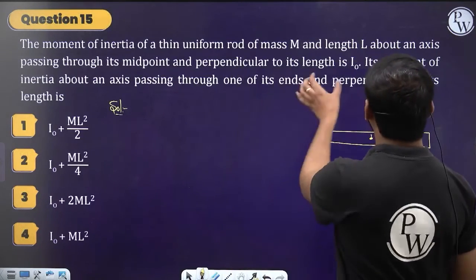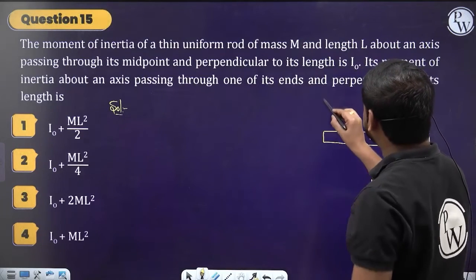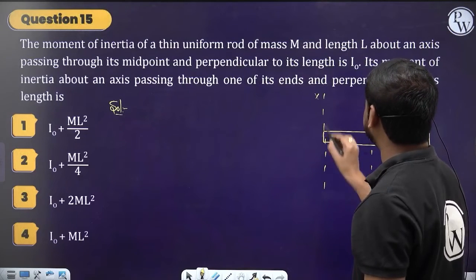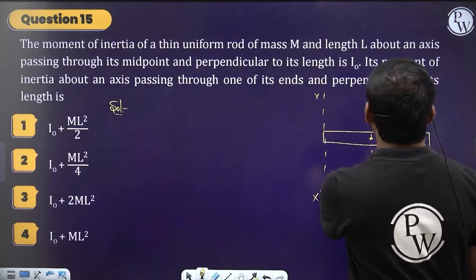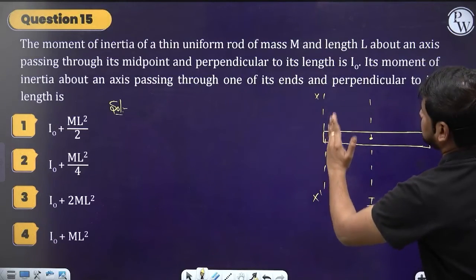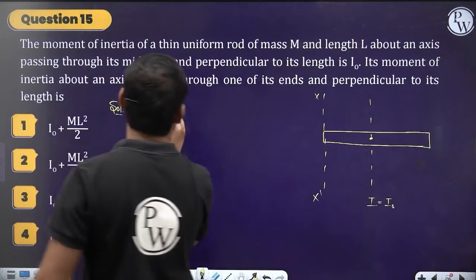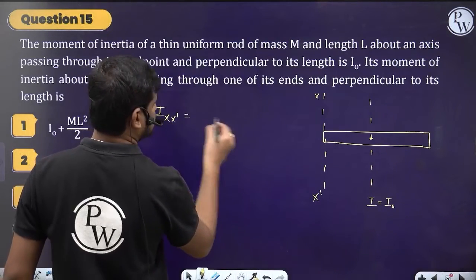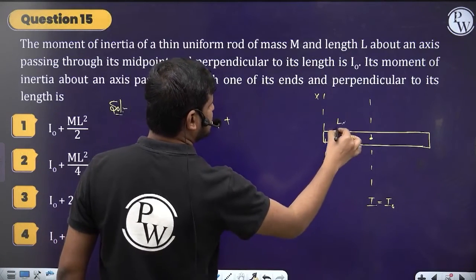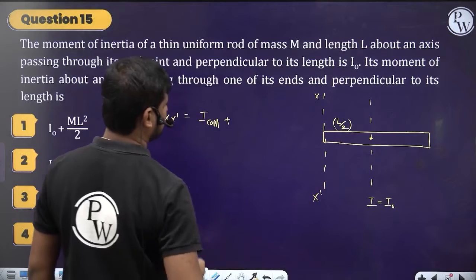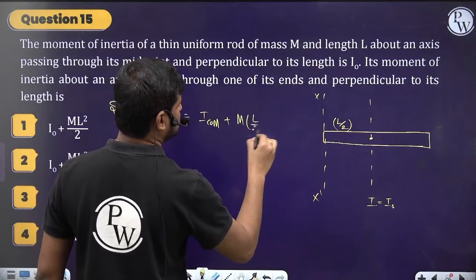Now we have to find its moment of inertia about an axis passing through one of its ends. Let this axis be x dash, perpendicular to its length. See here, this axis is perpendicular to its length. So the moment of inertia about x dash is the moment of inertia about its center of mass plus m into, the distance from center of mass to edge being L by 2, L by 2 whole square.